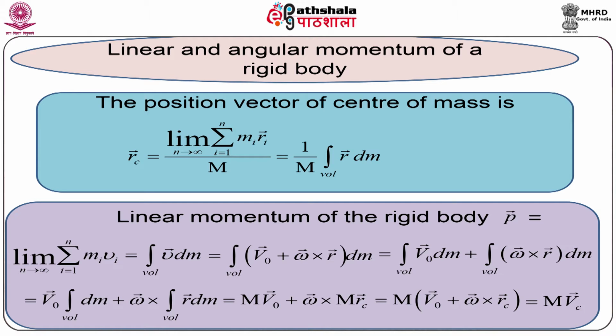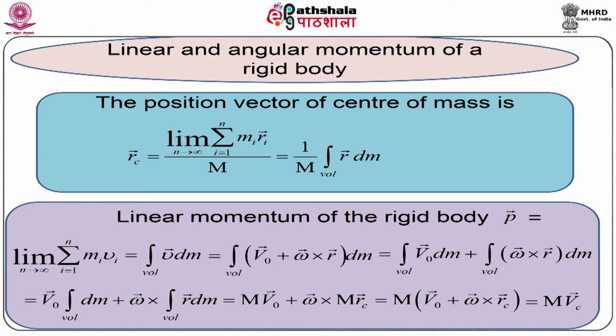We get this result, that is p vector equal to limit n tends to infinity summation over i equal to 1 to n small m_i into small v_i. If we assume mass density, then summation is replaced by integration and we get the volume integral v vector into dm.